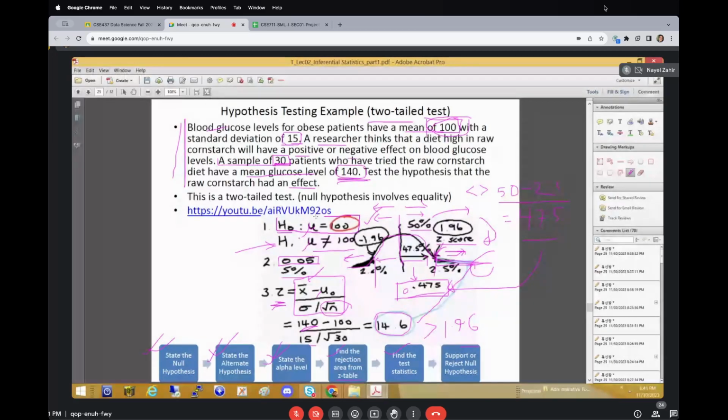It means that usually we say the null hypothesis is rejected. Usually we don't say that the alternate hypothesis is accepted. So the null hypothesis is rejected.